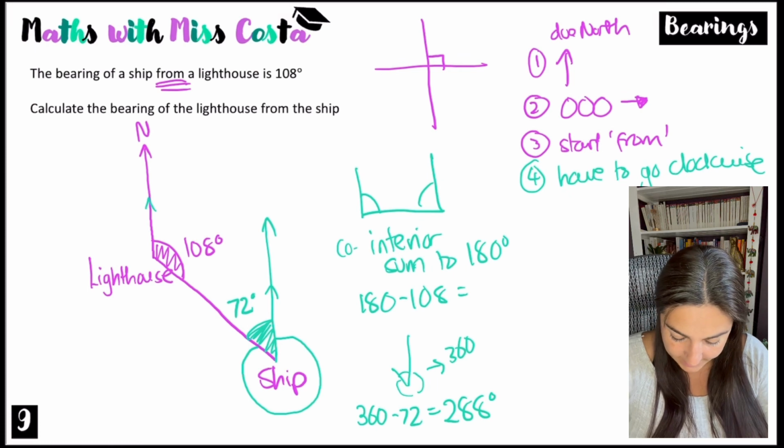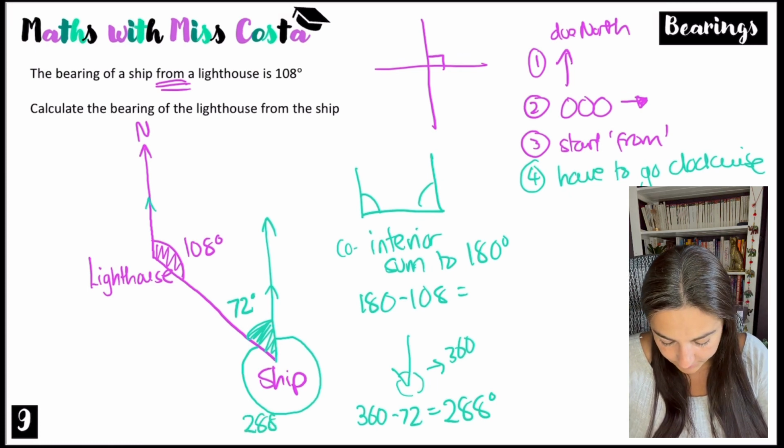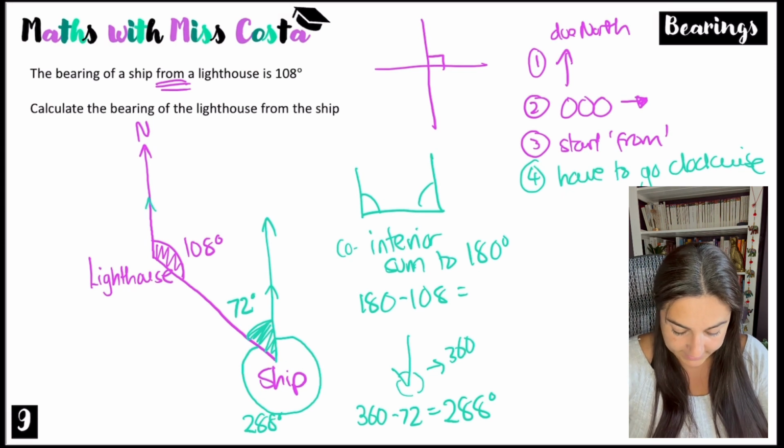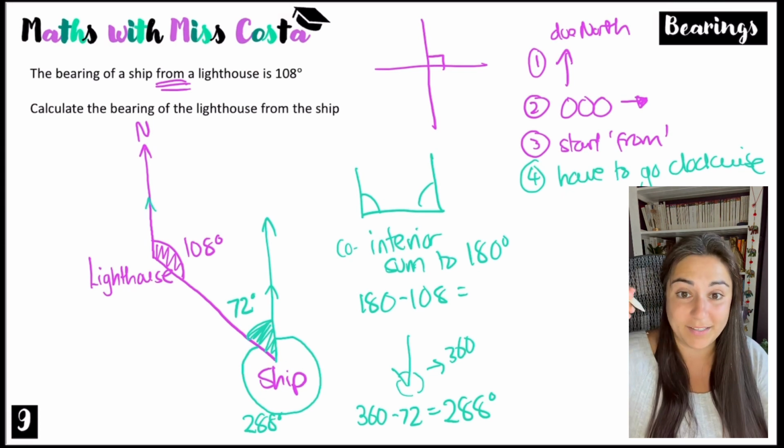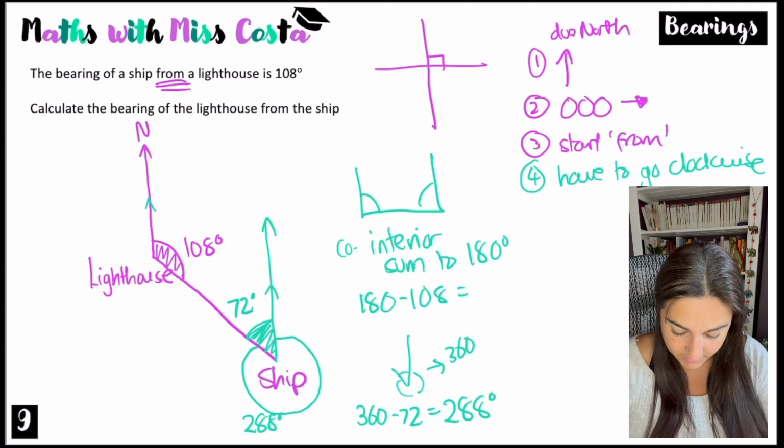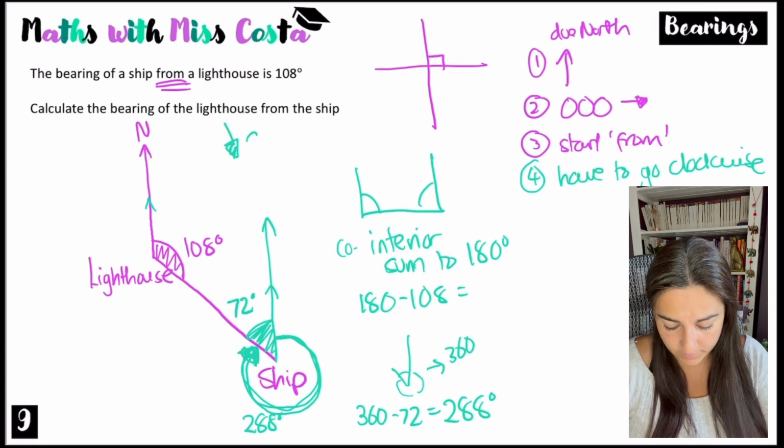So that must mean that this angle here is 288 degrees. To get the bearing of the lighthouse from the ship, you start where it says from, which is the ship, and you have to go clockwise. So this angle here is 288. Therefore, your answer is 288 degrees.